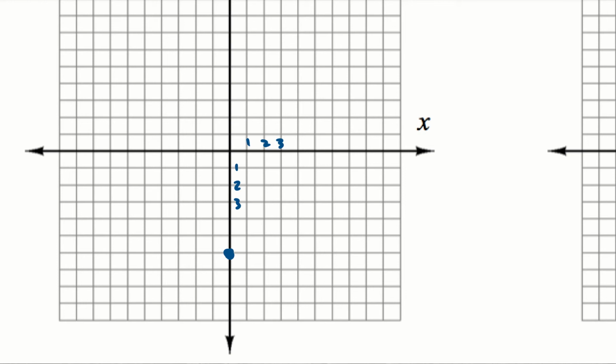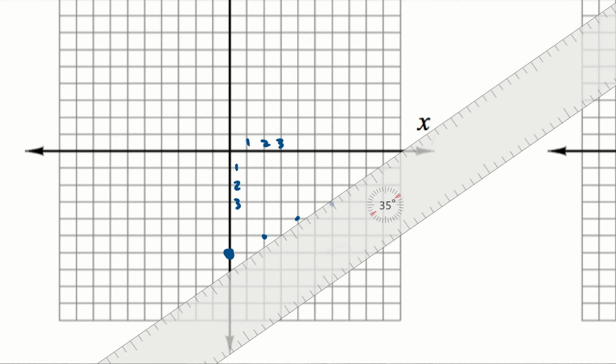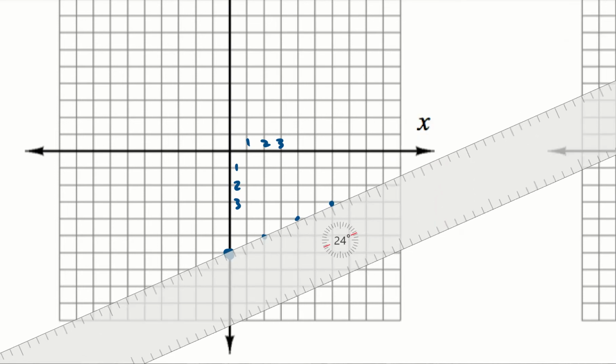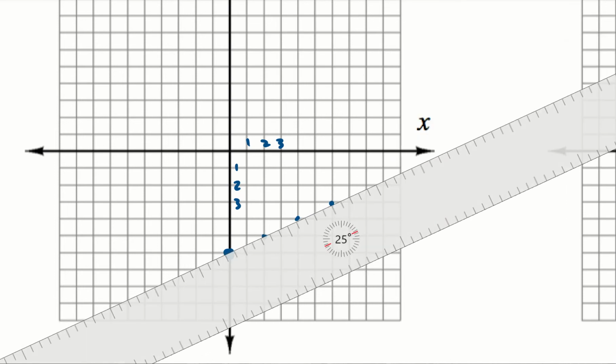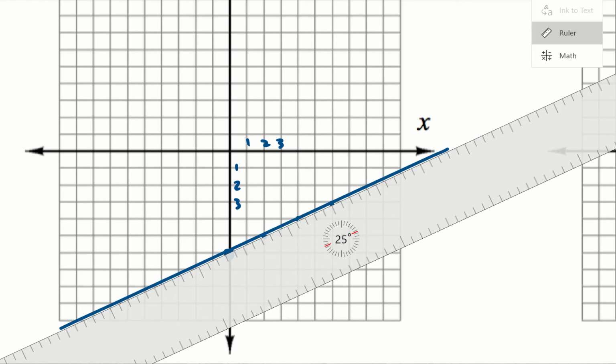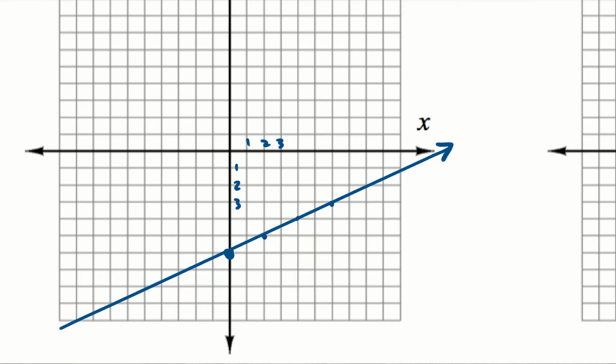My slope pattern is up 1 over 2, so from here I go up 1 over 2, up 1 over 2, up 1 over 2, and always with the ruler. We draw a nice straight line through those points, and we include an arrow that indicates that this continues in both directions.